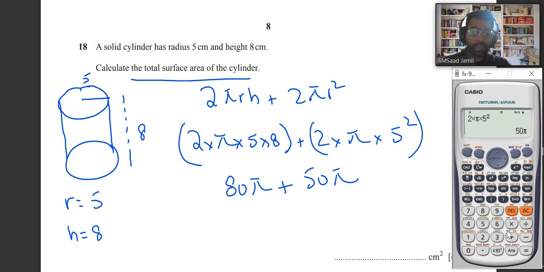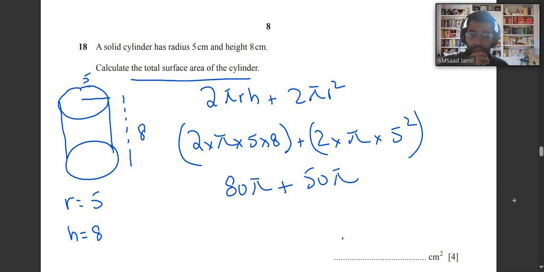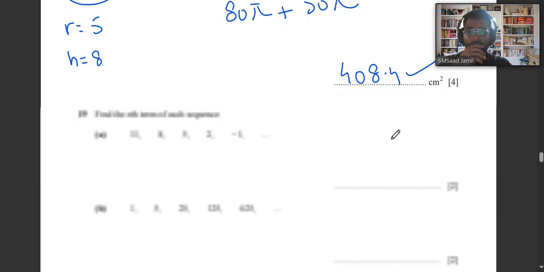So 80 pi plus 50 pi, it's 130 pi, which is 408.4. So you can write 408.4 as your answer. Next question.